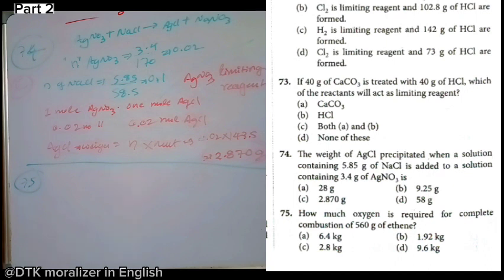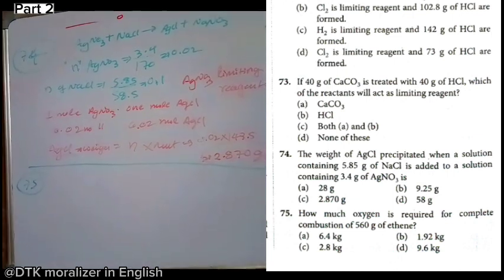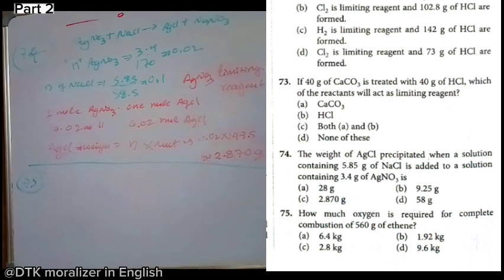Now question number 74. How much oxygen is required for complete combustion of 560 grams of ethene?